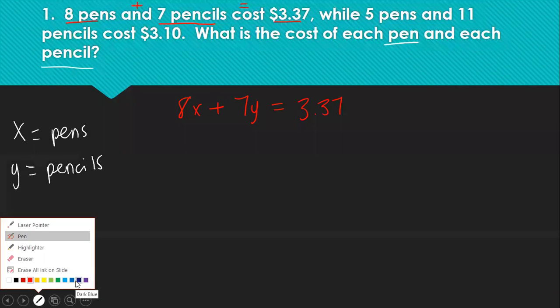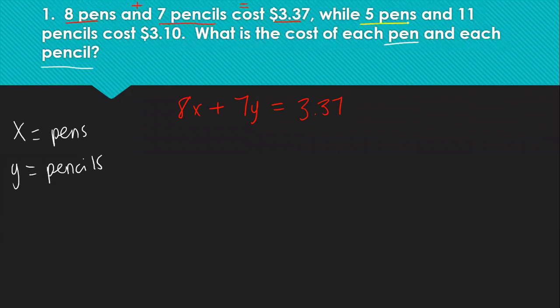Doing the same thing with the other one: I have 5 pens and 11 pencils, and they cost $3.10. So I have 5x plus 11y equals 3.10. So we took the words and turned them into equations.